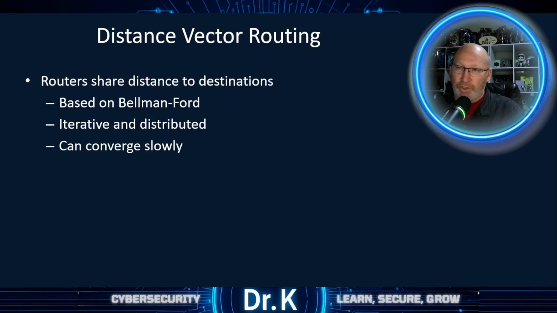Let's start with the old school, distance vector, or DV. This was one of the earliest routing approaches, and it's simplistic in nature. Routers don't know the whole network. They only know what their neighbors tell them. It's basically networking gossip. Each router says to its neighbor, hey, I'm 2 hops away from network A, or I'm 5 hops away from network B. The neighbors update their own tables based on that gossip, and they tell their other neighbors, and so on, and so on, and so on, and it's very collaborative.